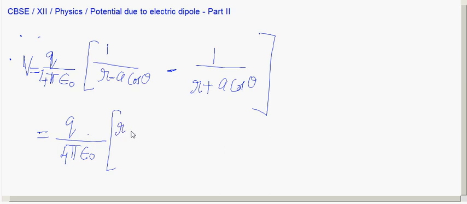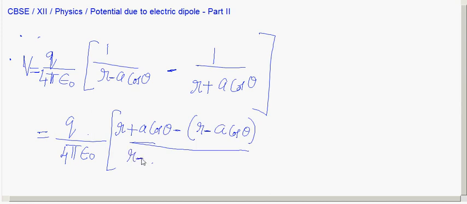This will become r plus a cos theta minus r minus a cos theta, divided by r minus a cos theta into r plus a cos theta. Take the common denominator.